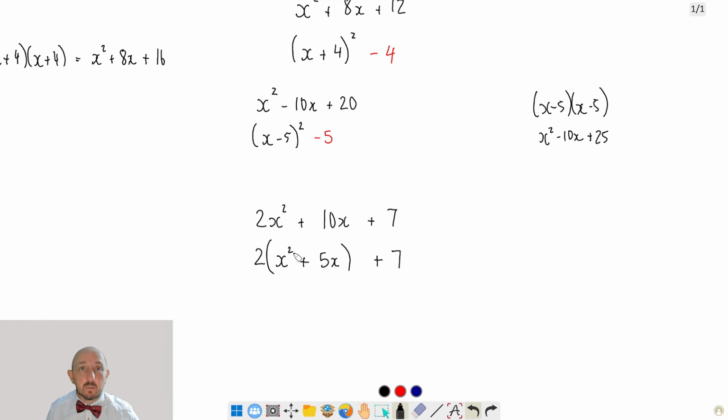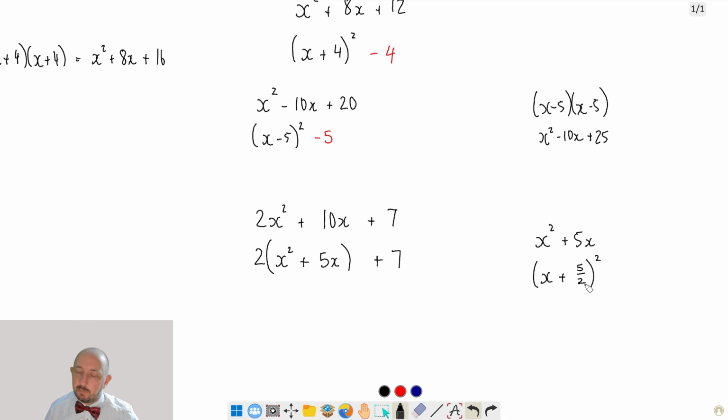Okay. Now, what I'm going to do here is actually complete the square on x squared plus 5x, just this bracket here. So if I was completing the square on this, I'd have x plus 5 divided by 2, 5 over 2 squared. Okay.